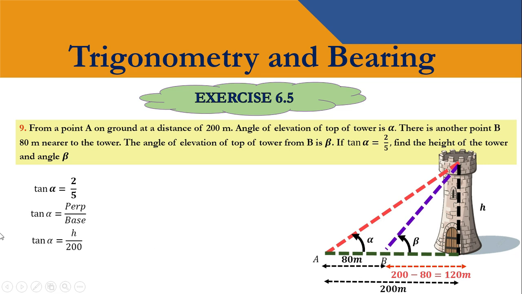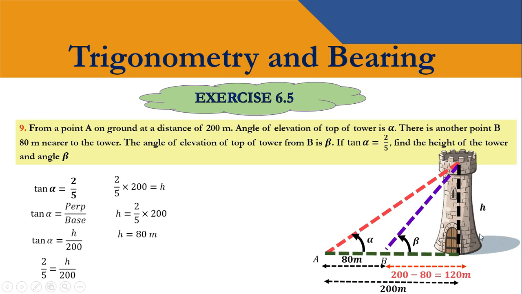The perpendicular is h and the base is 200, because point A is 200 meters away from the tower. Putting the value of tan alpha, 2 by 5 is equal to h by 200. Doing some mathematical work, we get the height of the tower, which is equal to 80 meters.